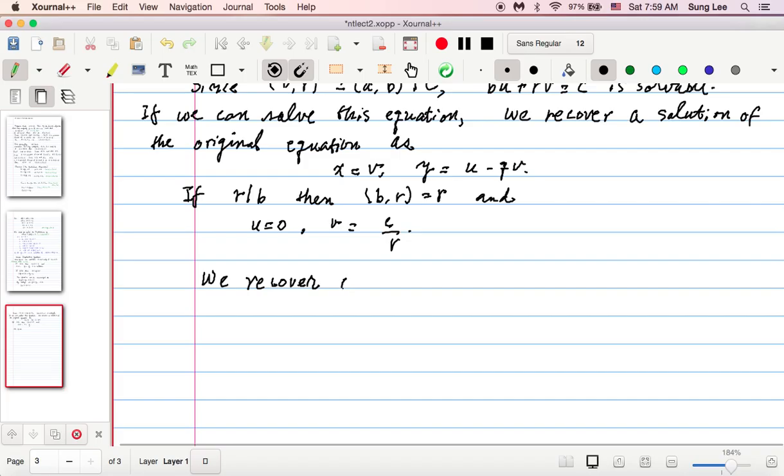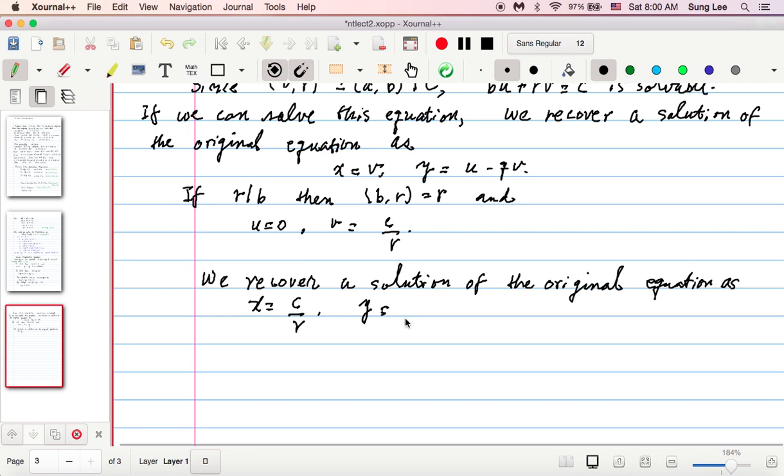We recover a solution of the original equation as x equals c over r, and y equals negative q times c over r.